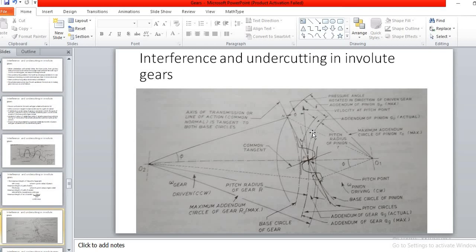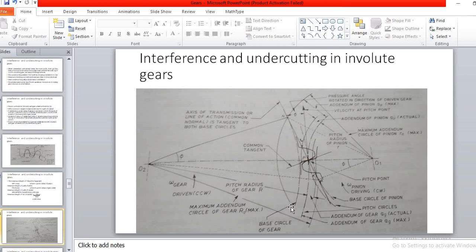So original addendums are changed. Original addendum circles are now extended to another value to study that interference case. Now in this diagram, O1 and O2 are the centers of the gears.